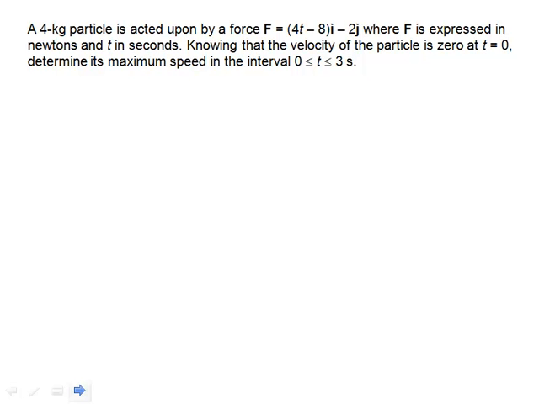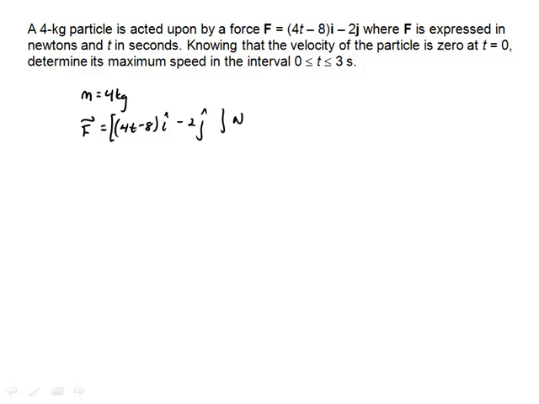In this example, I have a 4 kilogram particle, and it's being acted on by a force, and this force is a function of time. My mass is 4 kilograms. Force is a vector quantity, (4t minus 8) in the i direction, minus 2 in the j direction, expressed in newtons. The time is expressed in seconds.